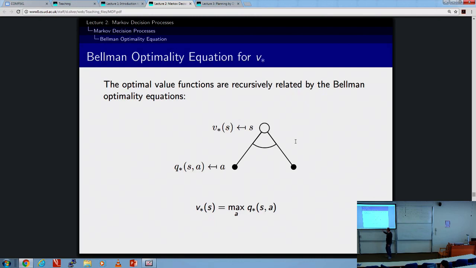This says I don't care about all the actions and taking a summation over them. What I care about is the best action, the one with the maximum Q. If I'm acting optimally, then the value for this state should be equal to the value I get from taking my best action, which is the max over the Q stars. So that gives me one consistency equation between the V's and the Q's.